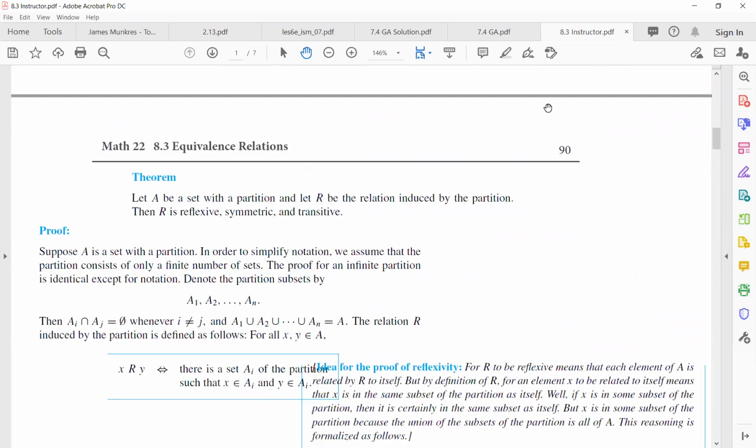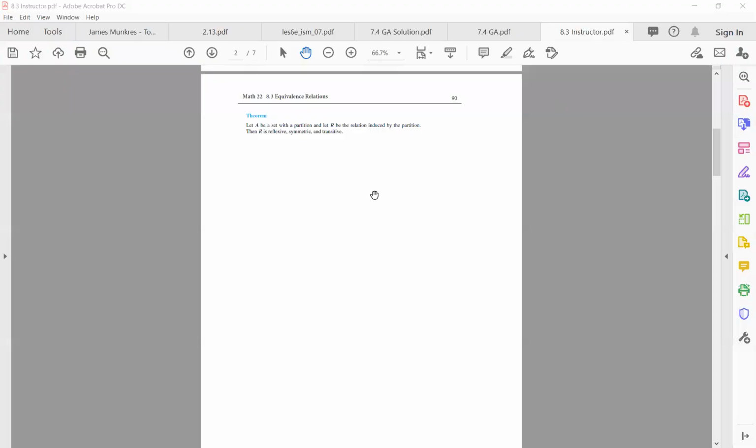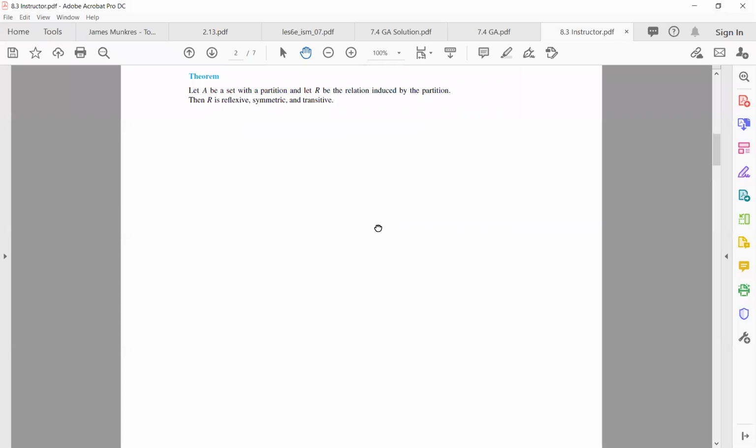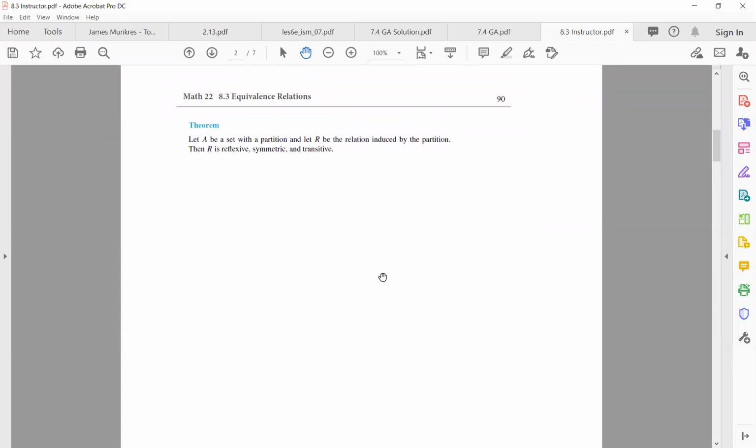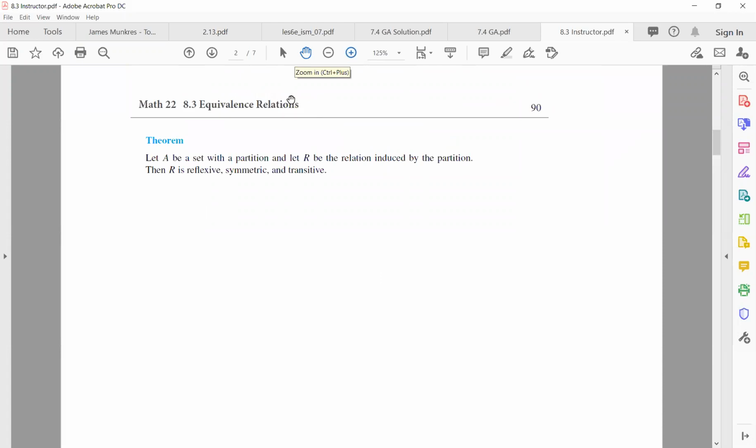Okay, we have a theorem here. It says, let A be a set with a partition and R be a relation induced by that partition. Then this relation is reflexive, symmetric, and transitive. It's actually an equivalence relation.